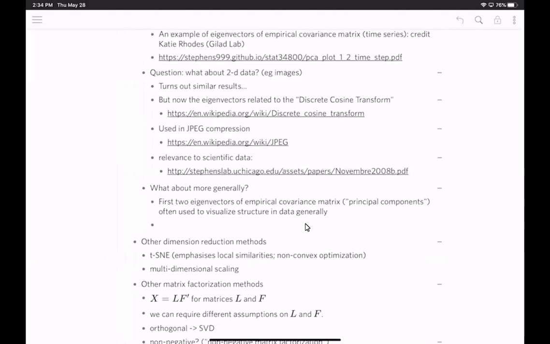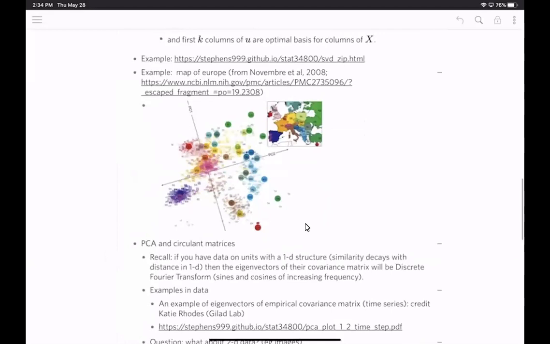So it gets a two-dimensional plot that preserves the local similarities, so that things that are very nearby to one another in the plot are very similar to one another in the original data, but it doesn't preserve the global structure, which PCA does try to do. And that can have advantages if the local structure is what you're most interested in.